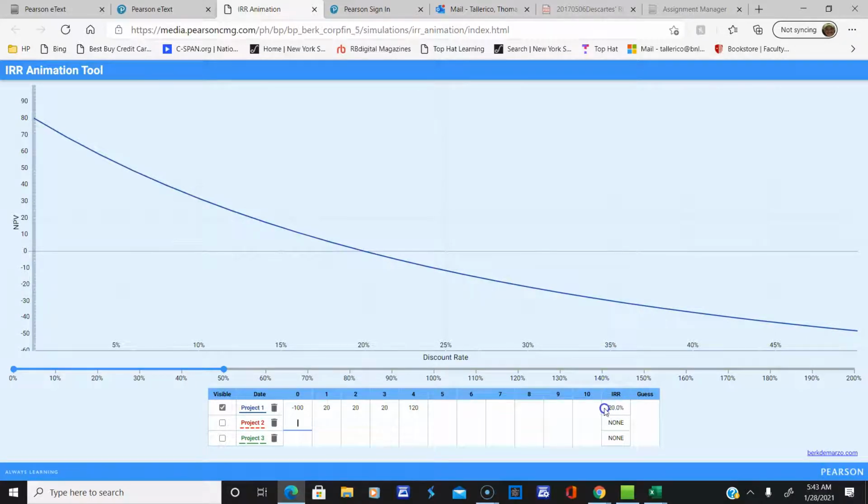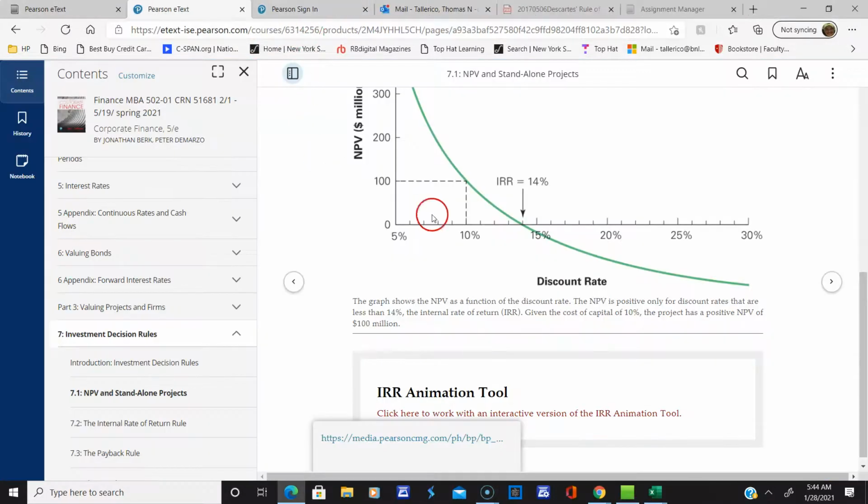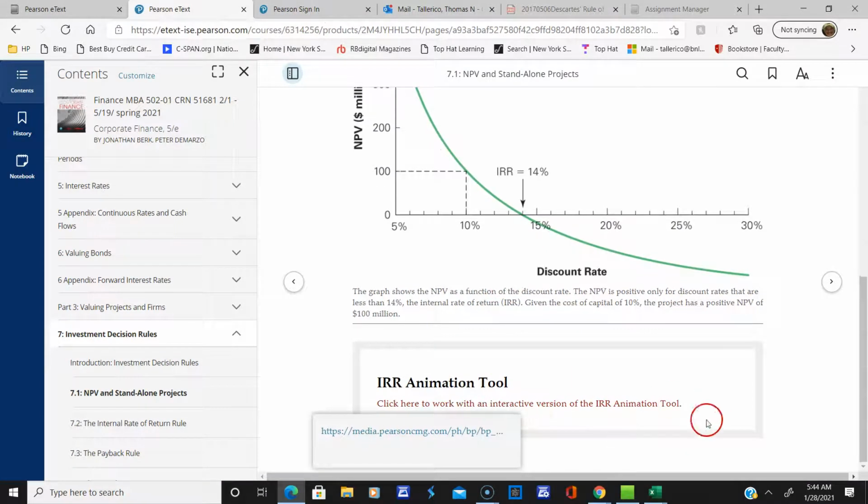The internal rate of return is simply calculated here. You can see right here where it crosses, where the net present value is 0, it's 20%. I just wanted to show you this, and they talk about it right here.